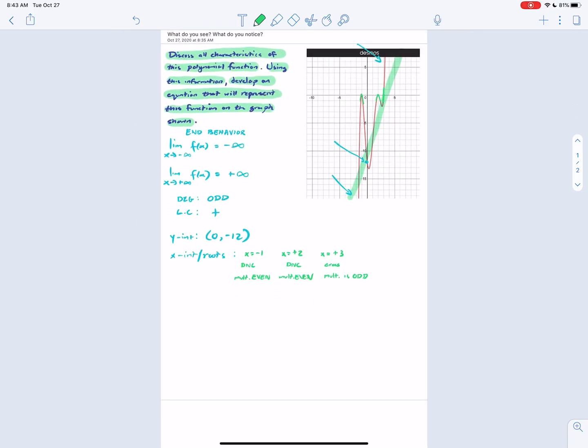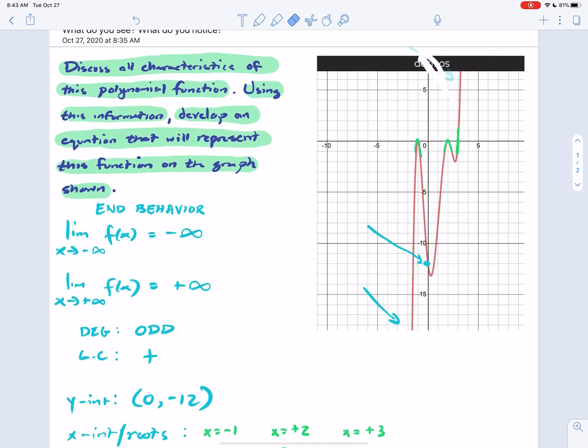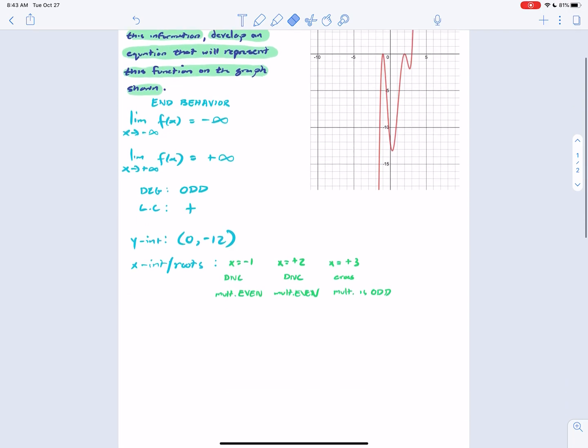I also noticed that, let me erase this so you can see. I noticed that the function starts to increase, then it decreases, then it increases, then it shortly decreases, and then it increases again.